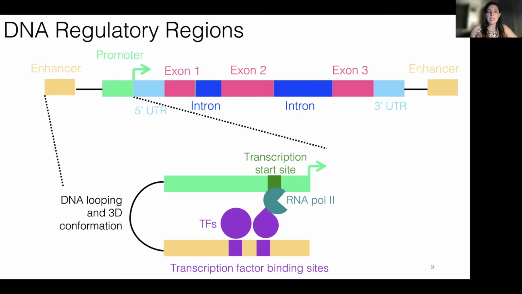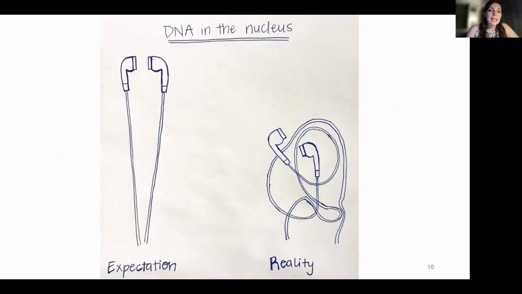And it actually brings transcription factors, which bind to transcription factor binding sites in enhancers, closer in proximity to some transcription start site where the RNA polymerase is going to bind. And so that enhancer that I've drawn here could actually be megabases away from the actual gene that it is affecting, because there's all this looping of the DNA. So it doesn't really have to be super close to affect the transcription process. And as I mentioned, we think of DNA in this linear way.